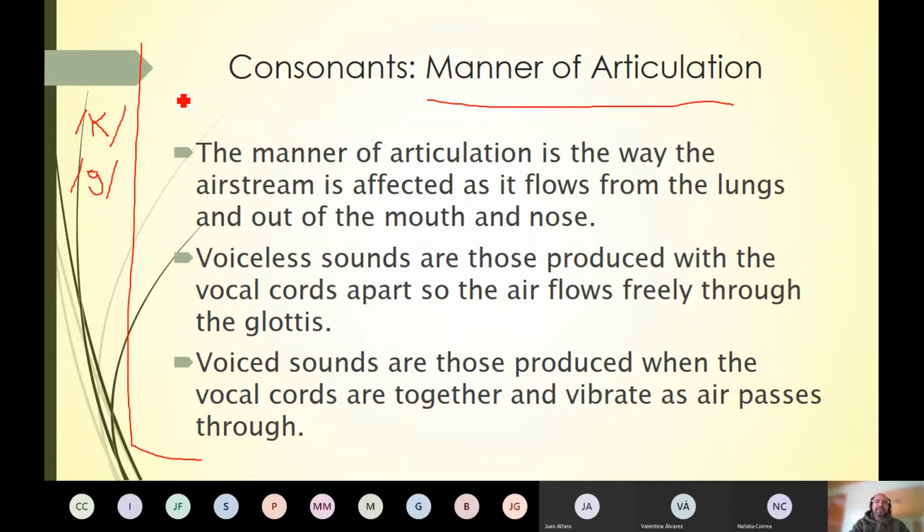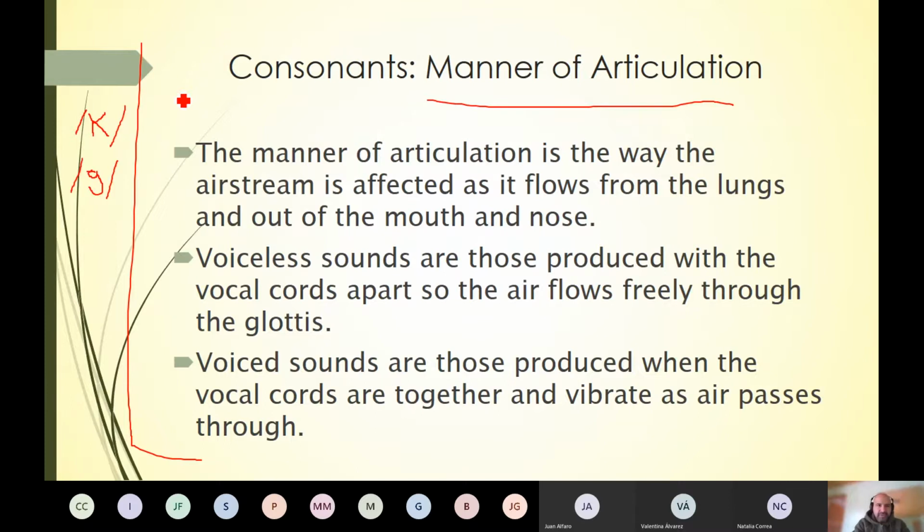And when the airflow goes through the glottis, the gap between the vocal folds, sounds or consonant sounds can be voiceless or voiced, right? That is something that we need to remember when we're dealing with consonant sounds, that some of them can be voiced and some of them can be voiceless.